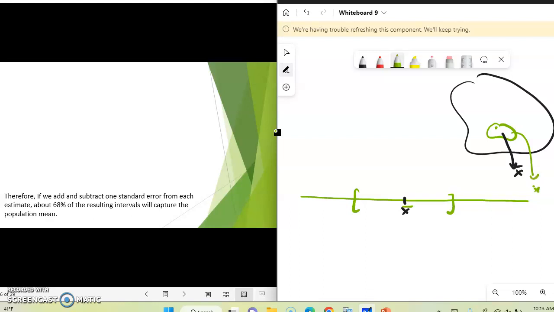Let's say the sample mean is a different value, coming somewhere here, and I create a standard deviation less and a standard deviation add to it, and I keep on repeating this process multiple times. How many times will these intervals actually contain the population mean? 68% of the times. That is the confidence level we are going to translate to.